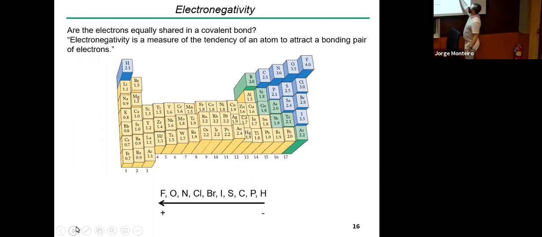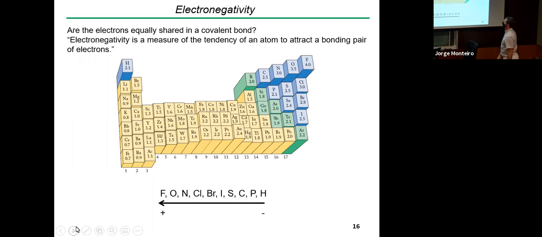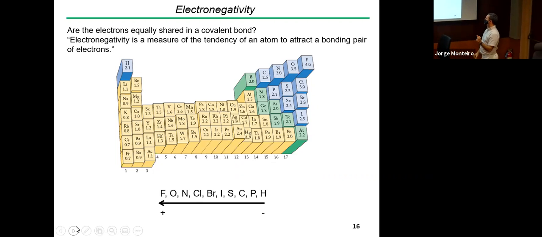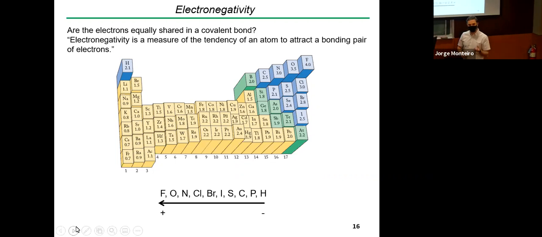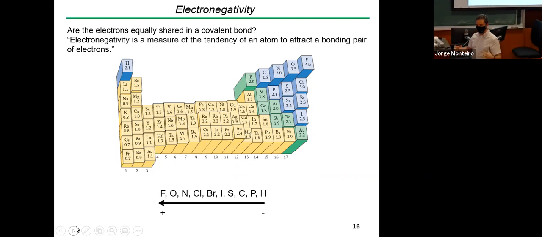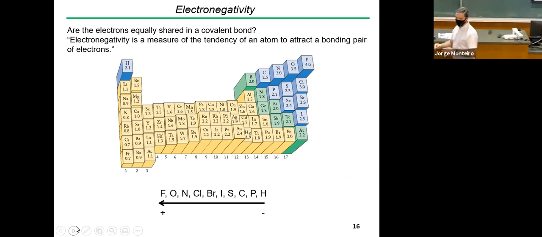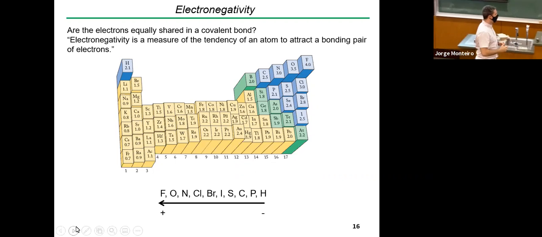And here we have a periodic table, and the number below the symbol of each element is the Pauling electronegativity for each atom. Okay?